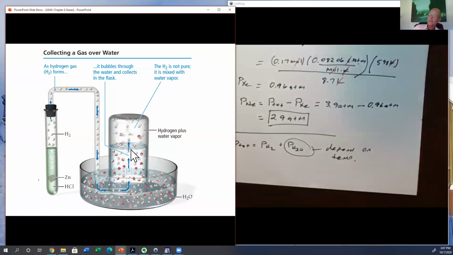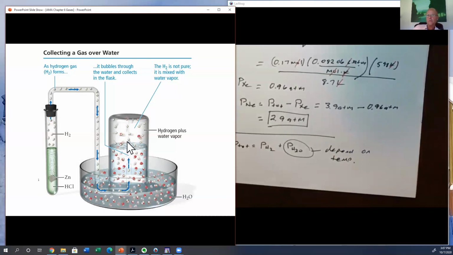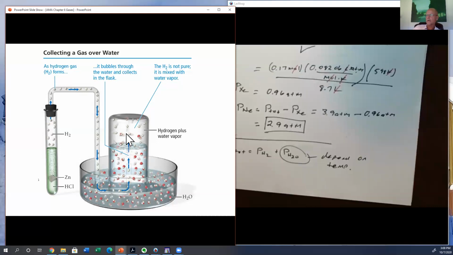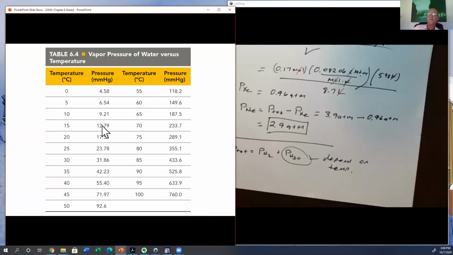That's because water evaporates, and we'll talk about this a lot more later in this class, next semester actually. That evaporation results in some of these water molecules being the gas up here, and it depends on temperature. The higher the temperature, the more water vapor you have up here. You can look these things up. It's very simple.